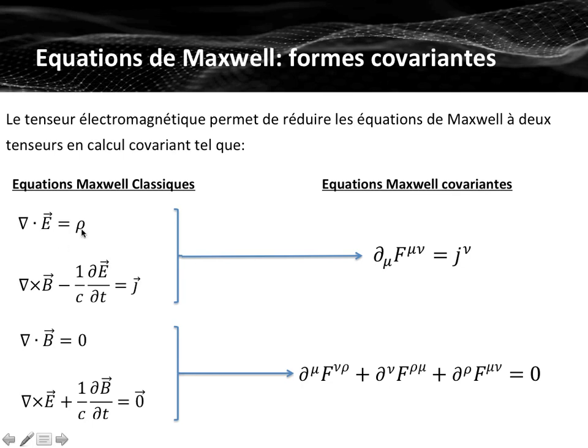These two equations containing rho and j are just related by the four-gradient applied to F mu nu. So the variation in time and space, the gradient in space-time of the electromagnetic field, will give us basically J nu, which is nothing else than the charge density and the current density.